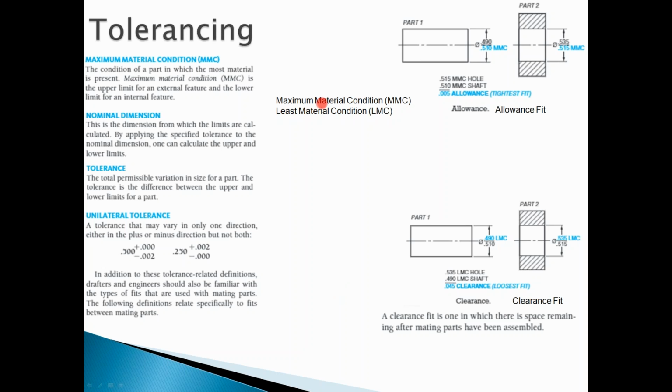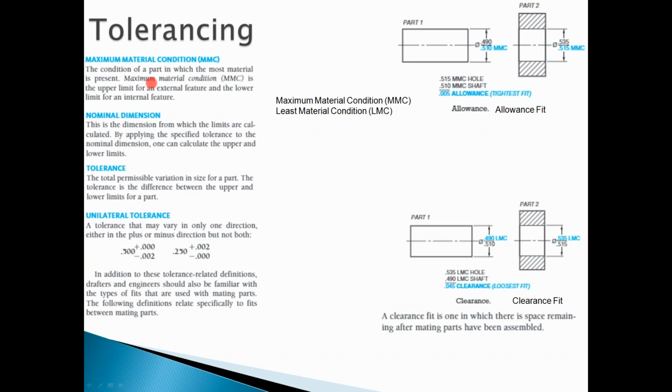So let me summarize this. The abbreviations: maximum material condition, MMC, and least material condition, LMC. In addition to this tolerance-related definition, we should be familiar with what kind of fit we have.